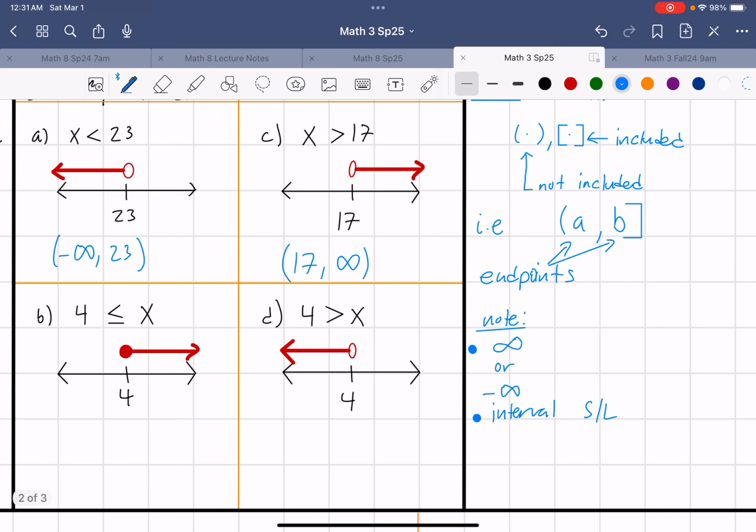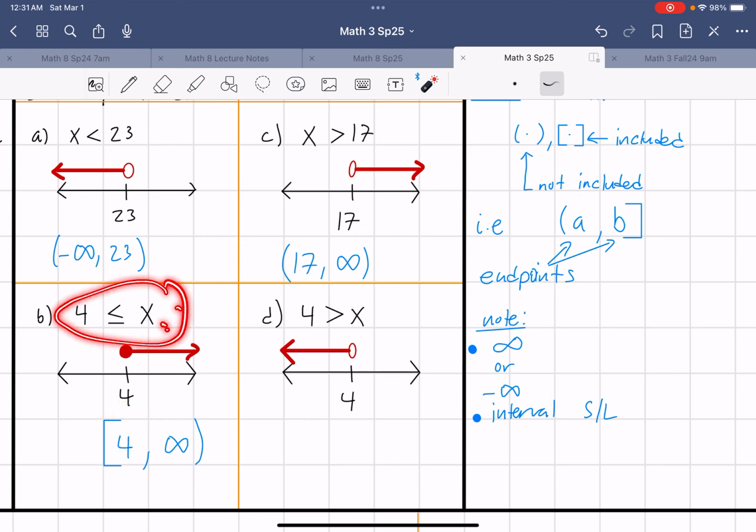And then B, we start from the smallest number, which is 4. Then the largest number is positive infinity. Now, once again, the bracket is telling me that 4 can be part of this solution.